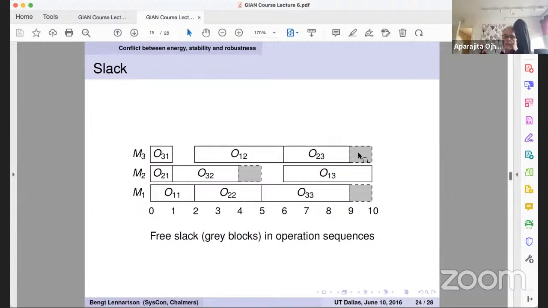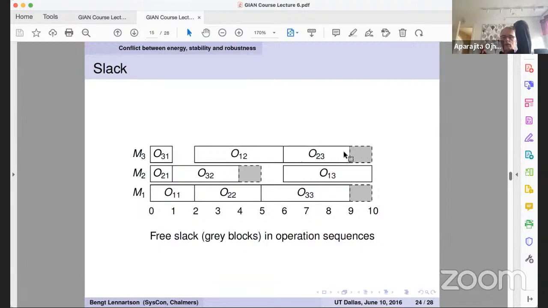Maybe it sometimes takes a longer time and sometimes shorter. More commonly, sometimes it takes longer. And then, of course, if you don't have any slack in your system, you will get less robustness.